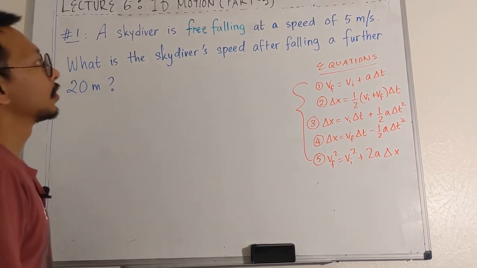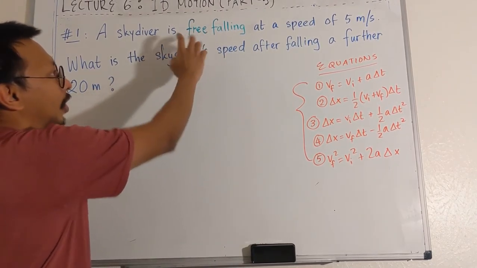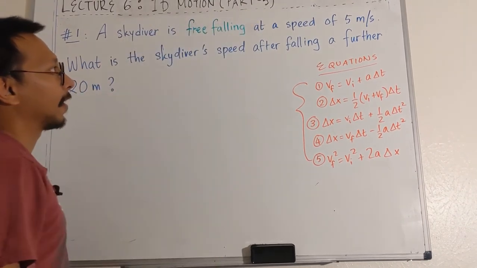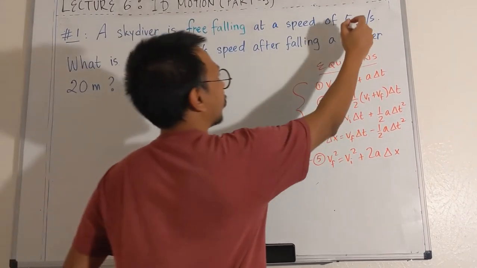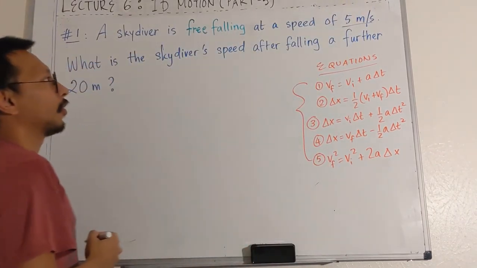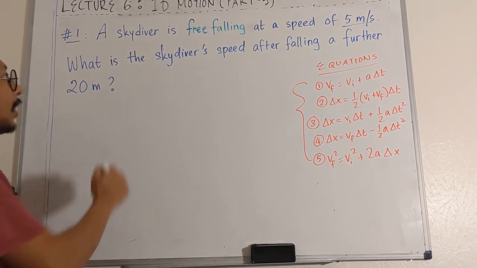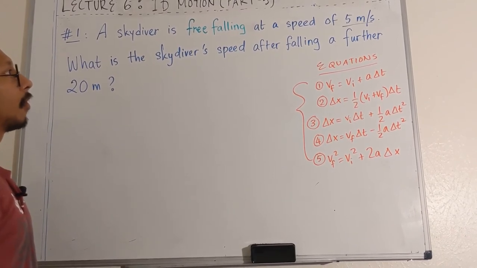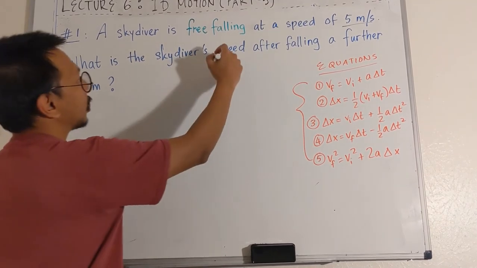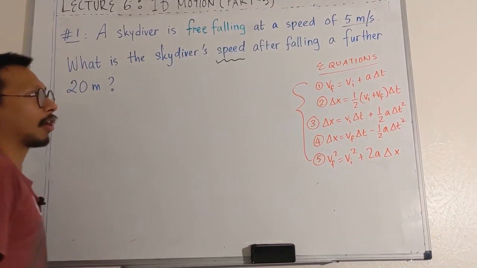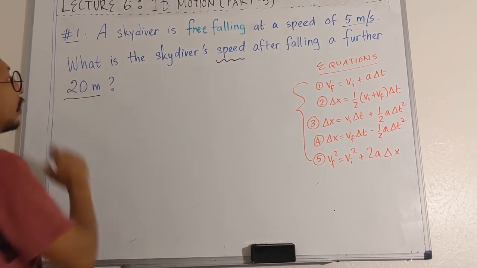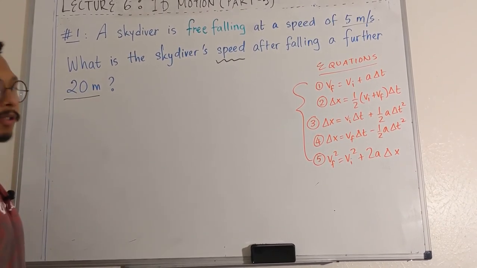So due to Earth's gravitational influence, the skydiver is free falling at 5 meters per second. The question asks, what is the skydiver's speed after falling a further 20 meters? So speed is also our target variable, the final speed. And the skydiver falls 20 meters.